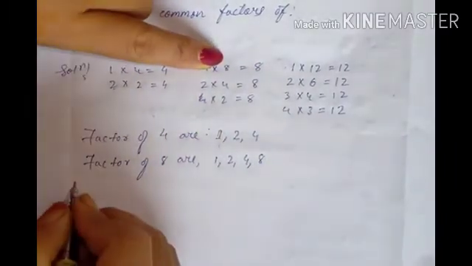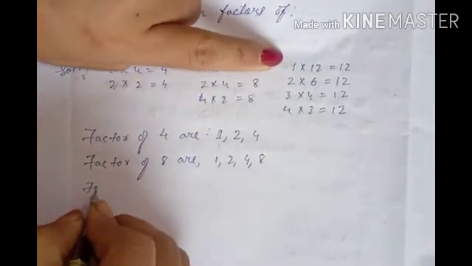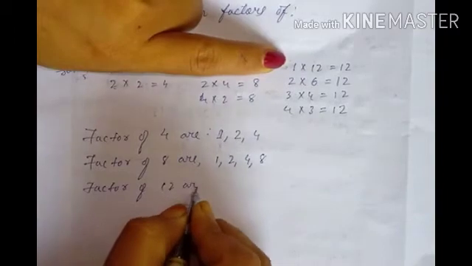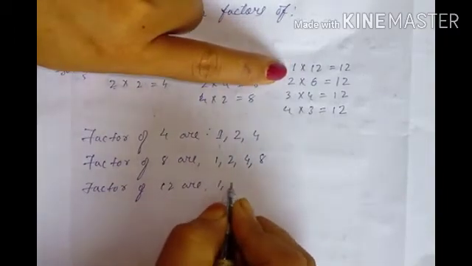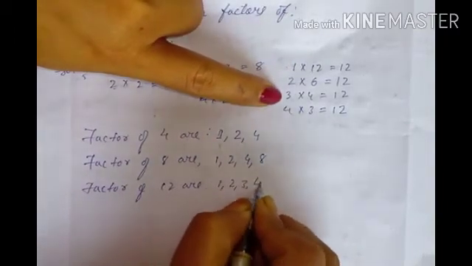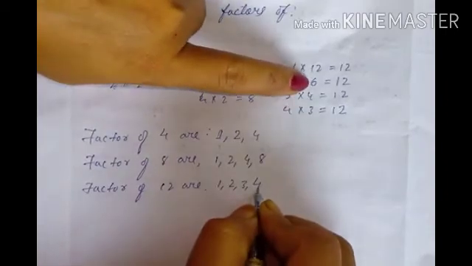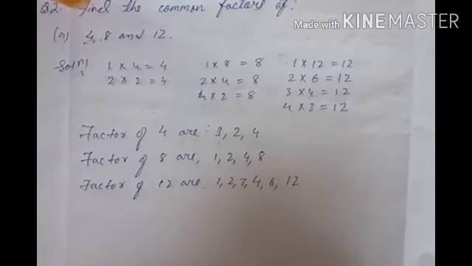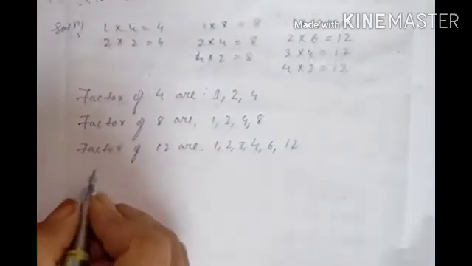So these are the factors of 8. Factors of 12: first we got 1, then 2, then 3, then 4. 3 and 4 are already written here. Now 6, then 12. So these all are the factors of the given numbers. Now you have to find the common factor.